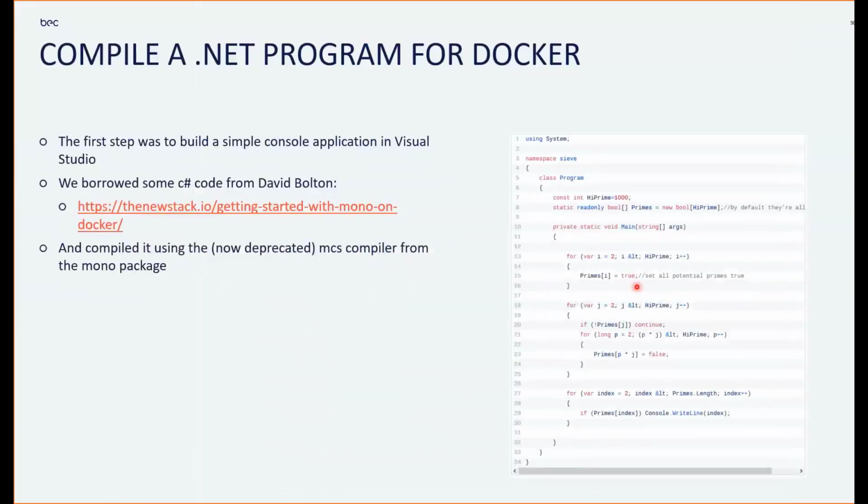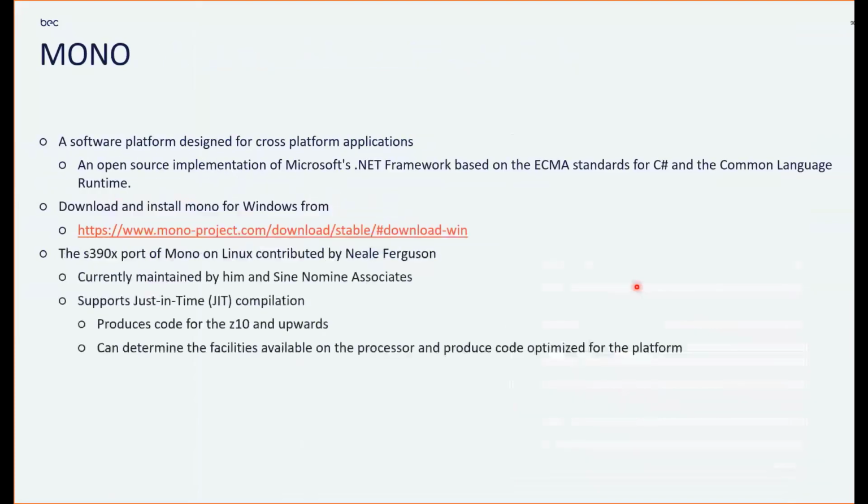And we compiled it not with .NET, but with a package called Mono. The Mono runtime enables us to run .NET applications on Linux. So we compiled it with a compiler provided by Mono called MCS.